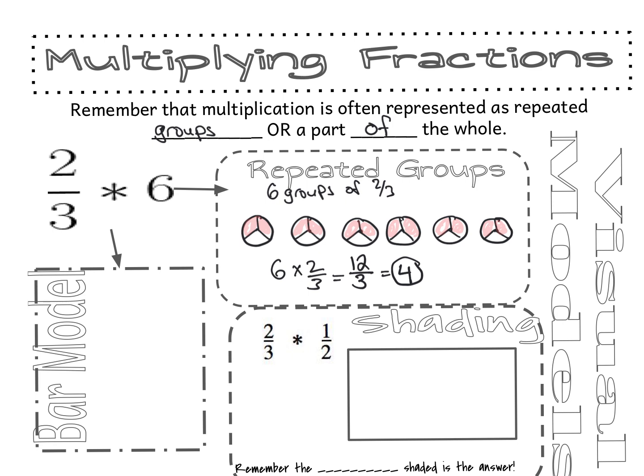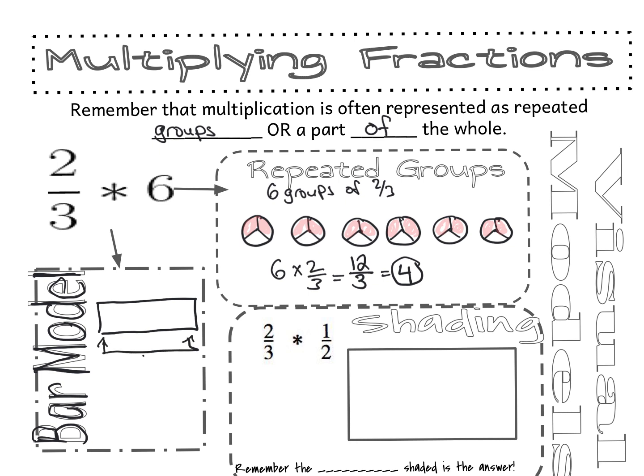Another way we can look at the same problem is using something called the bar model. The thing that I like about the bar model in particular is it does have uses in other areas. It can also sometimes be called a tape diagram. So when we look at a bar model, instead of having 6 distinct groups, we're going to have one bar that represents our entire whole.